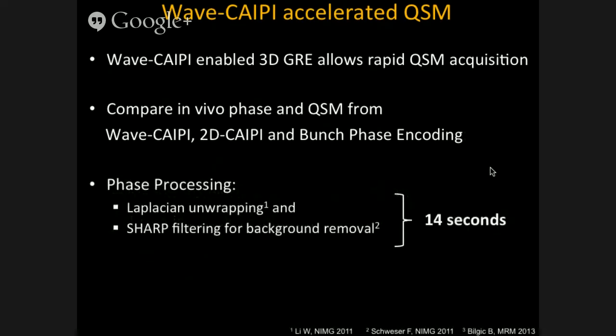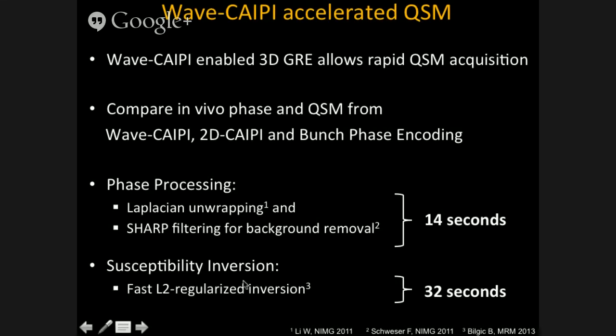And for phase processing, we use a fast unwrapping algorithm and a fast background removal method called SHARP. And the combination of these is about 14 seconds of computation. And for susceptibility inversion, the fast L2 regularized reconstruction takes about half a minute. So for the whole 3D volume, phase processing and susceptibility inversion takes less than a minute together.